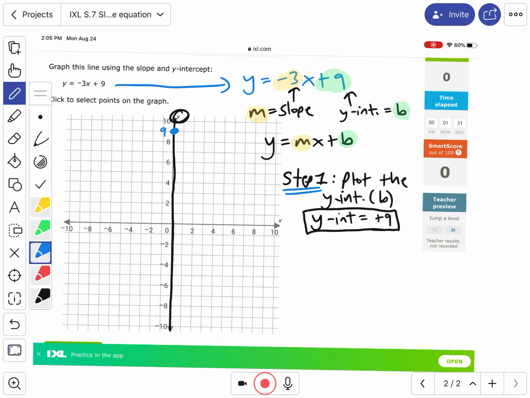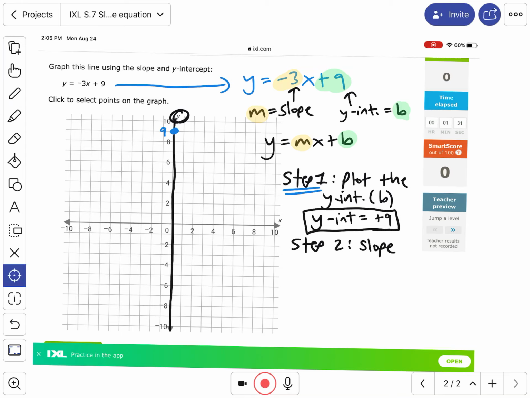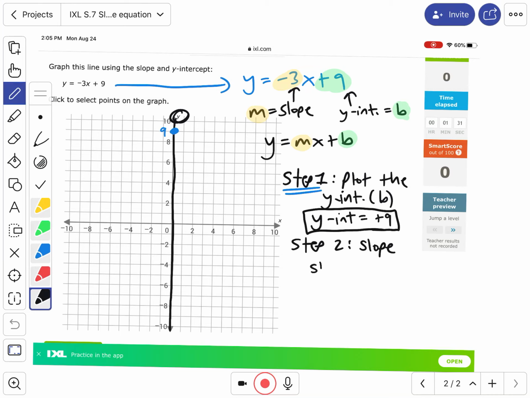Okay, now step 2 is to do the slope. The slope in this case is negative 3, because you can see the slope is right in front of the x. So the slope, or m, equals negative 3.